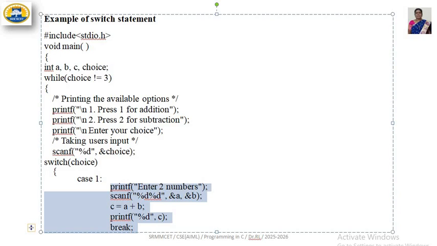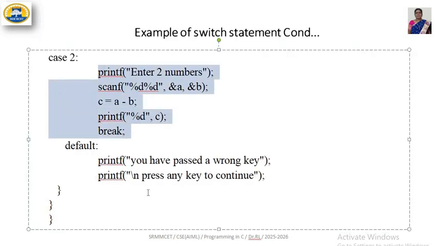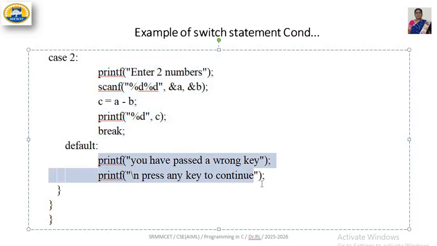Suppose the choice is 2, then the subtraction block is executed. If it is neither 1 nor 2, the default statement portion is executed, that is, the printf "you have passed a wrong key. Press any key to continue." So this is the simple C program for the switch statement.